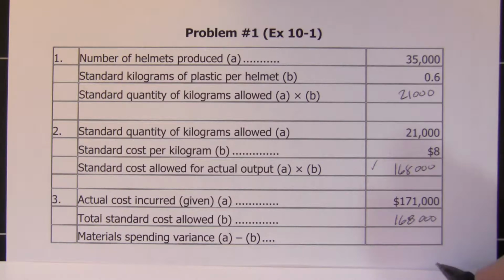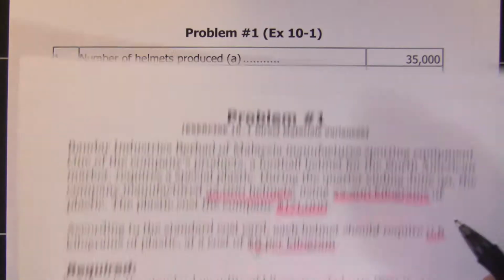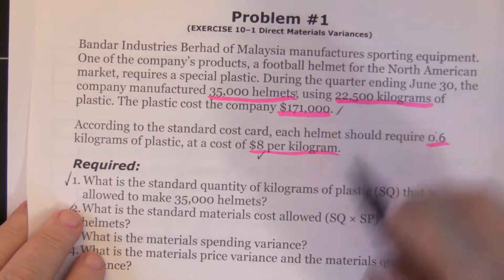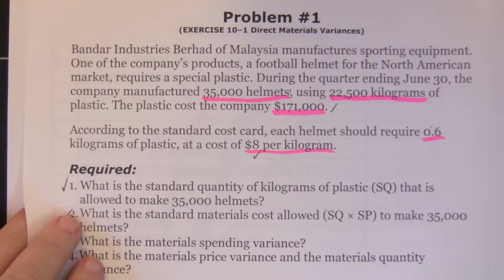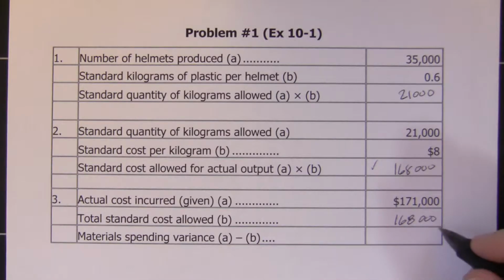And the material spending variance, the difference between the actual cost given, which is 171,000, and what we were allowed to spend, 168,000, is $3,000, and that's unfavorable.